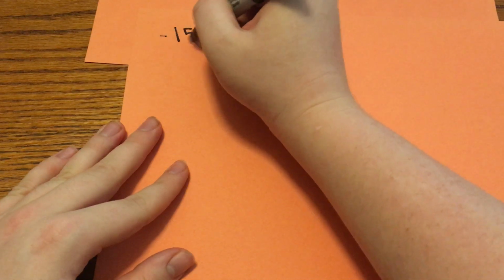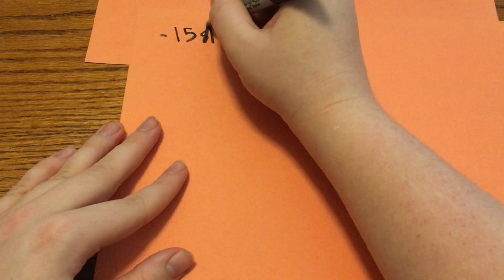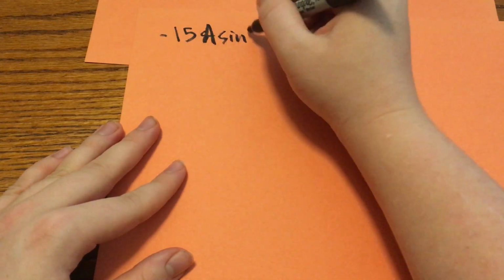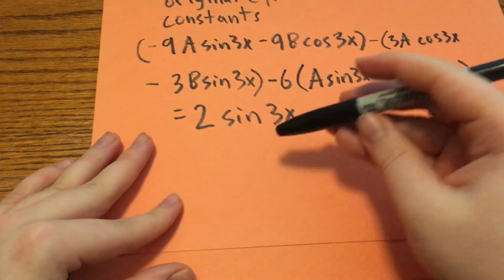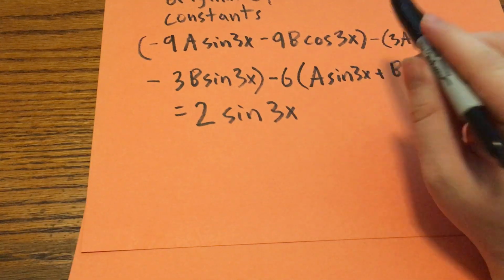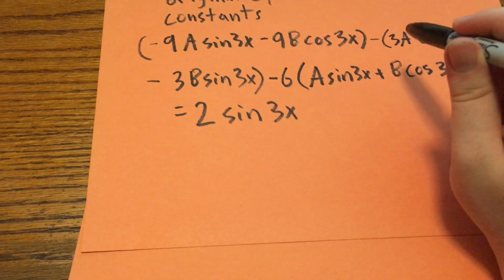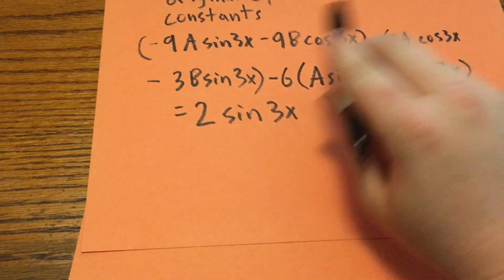Negative 15a sine of 3x. Let's look for the next term. Let's go a sine, b sine, a cosine, b cosine. Let's just go in chronological order with the terms.